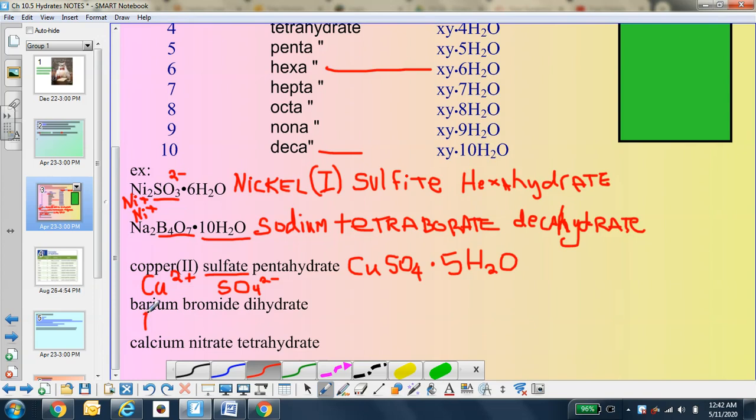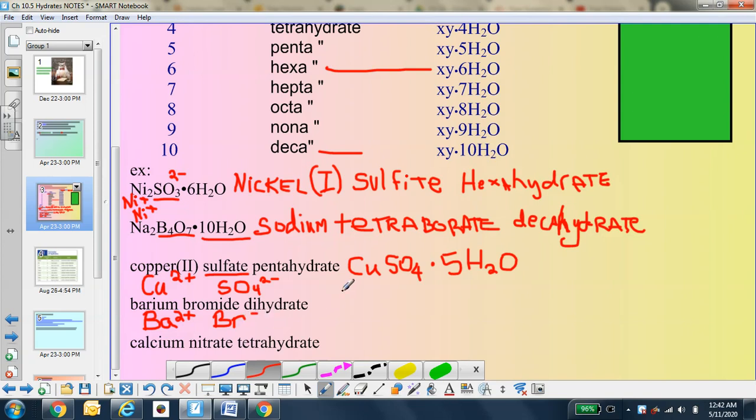Barium symbol is Ba. If you locate it on your periodic table, it is in group 2, so that tells us we have a positive 2 charge. Bromide was bromine, and it is a halogen, and the halogens all have a negative 1 charge. So how many bromines do you think we're going to need?